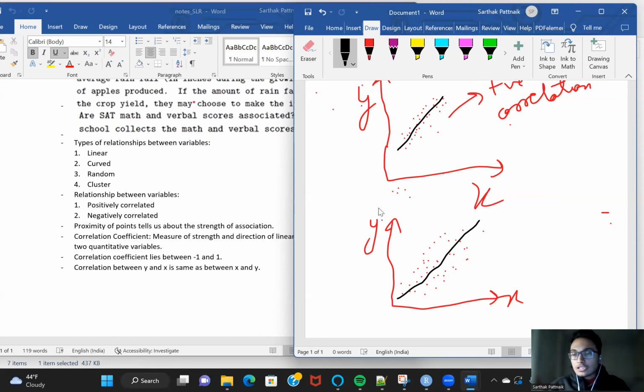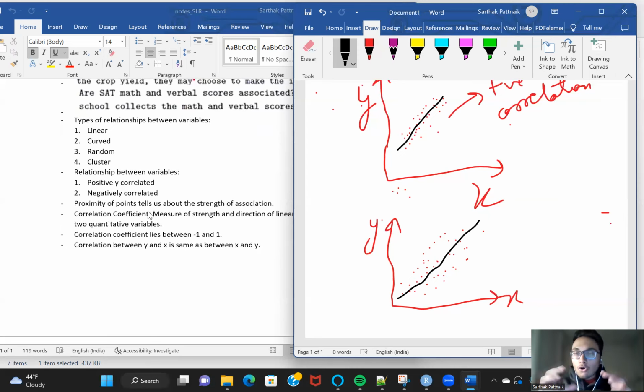So these were the concepts of direction and strength in correlation. Now, all of these concepts are encapsulated in a mathematical parameter called the correlation coefficient. The correlation coefficient gives you both the strength and the direction of the correlation between two numeric variables. It is a mathematical measure that shows both.